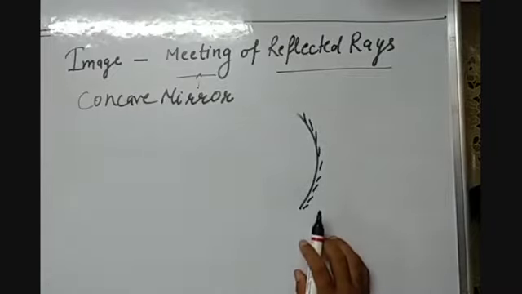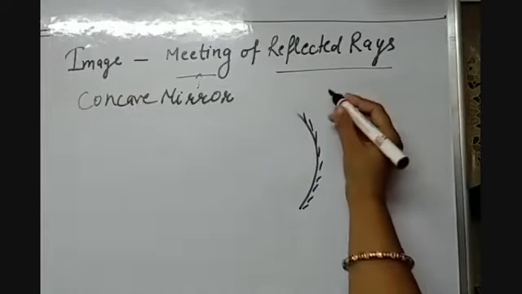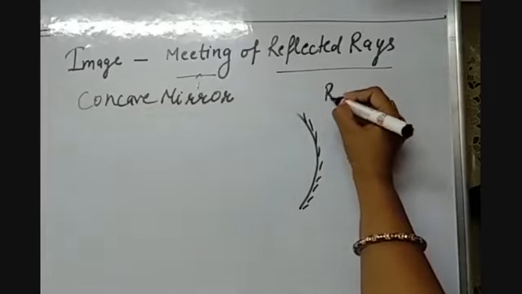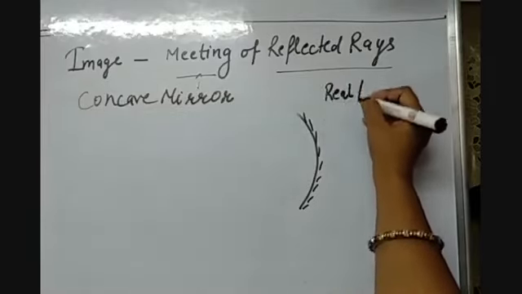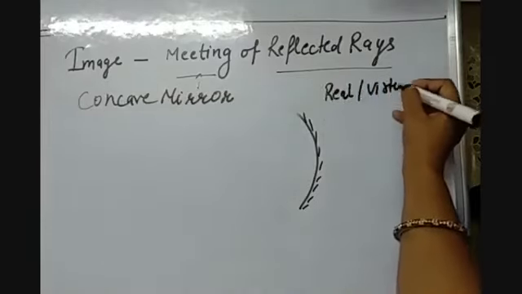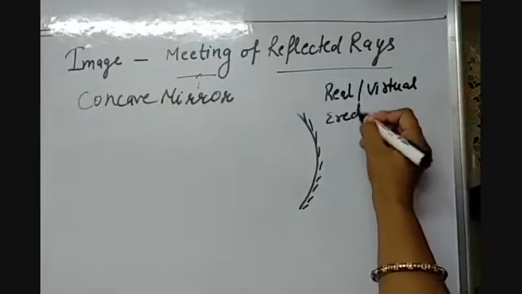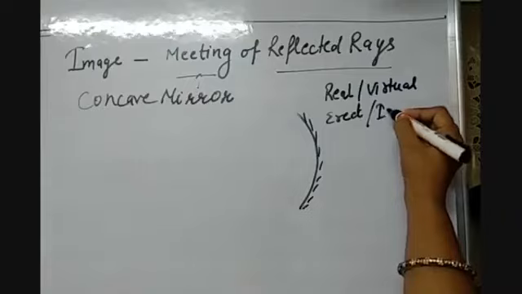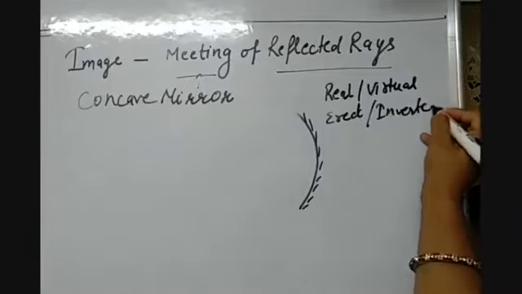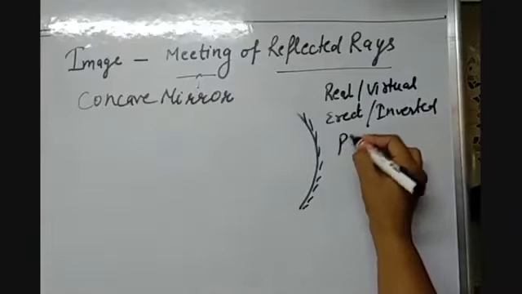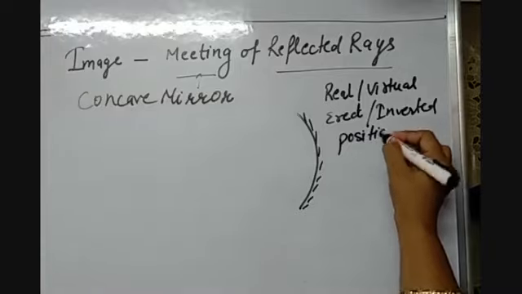Now here, we have to know a few things about an image: whether the image is real or virtual, whether it is erect or inverted, and the position of the image.